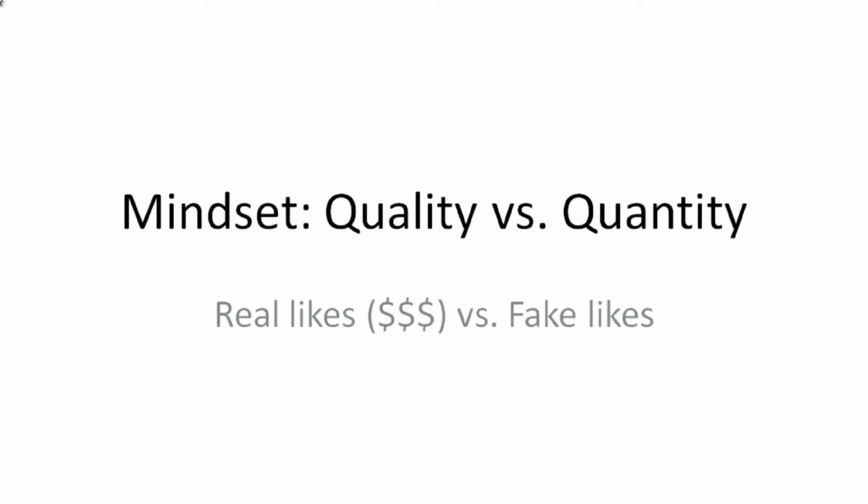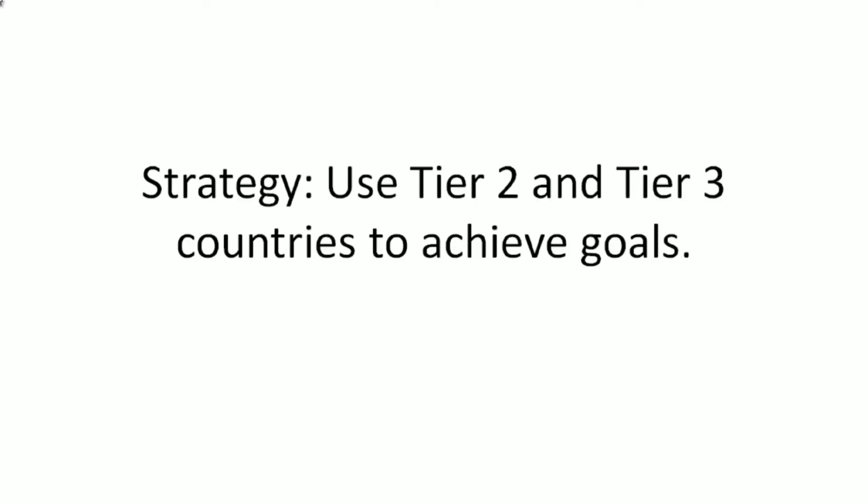Now, the downside with targeting tier 1 countries in terms of Facebook likes is it can cost a lot of money. It can cost anywhere from 10 cents to 50 cents a like to even several dollars. So how are we going to get around this? The strategy here is that we're going to be using and targeting tier 2 and tier 3 countries to achieve these goals.